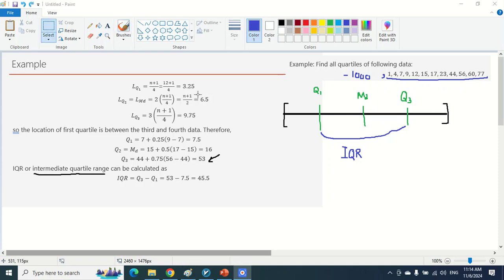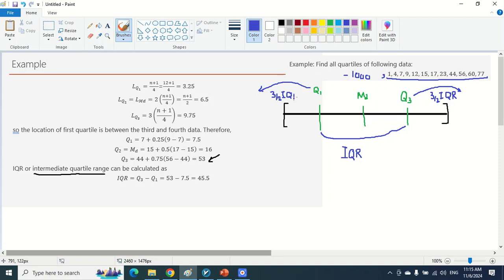If we consider a range of 1.5 times the IQR, that is 3/2 IQR, and add it to Q3, or subtract this 1.5 IQR from Q1, then I can find the outliers.